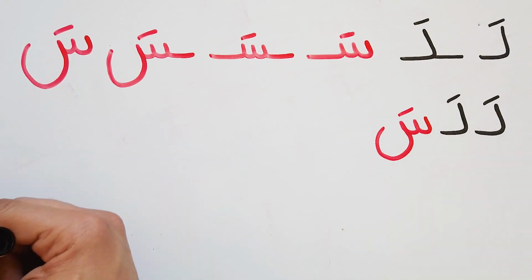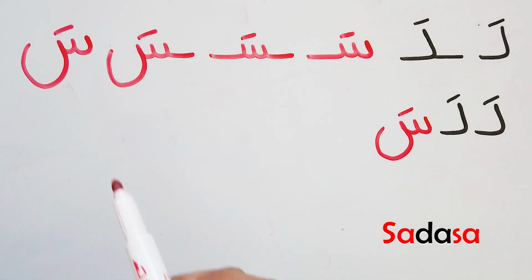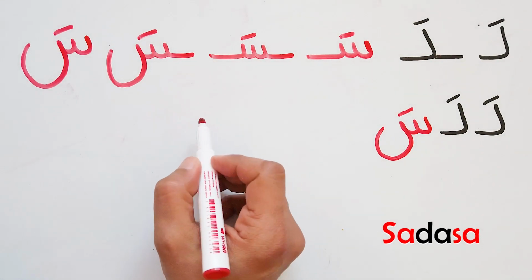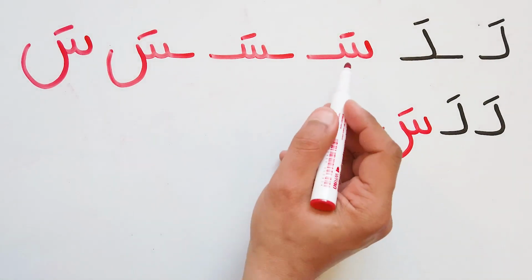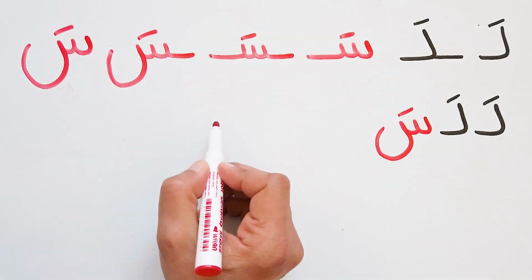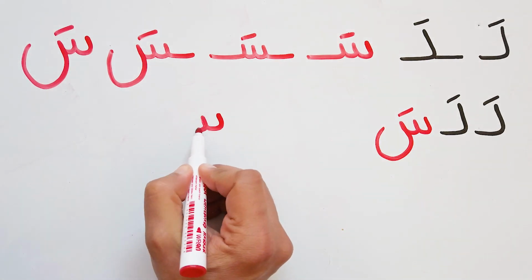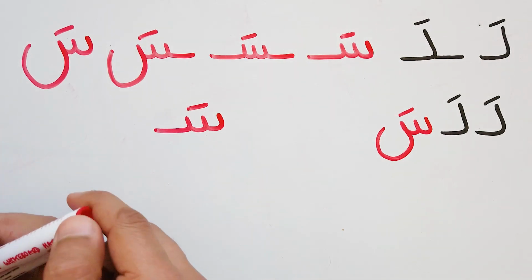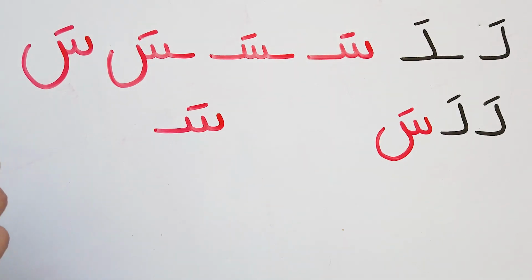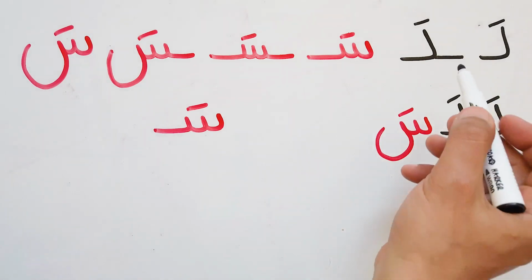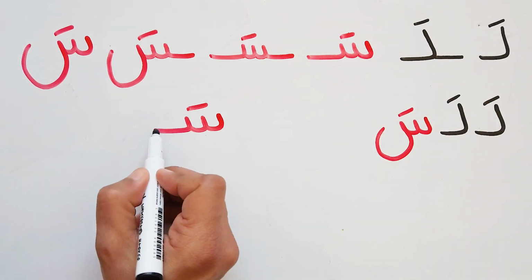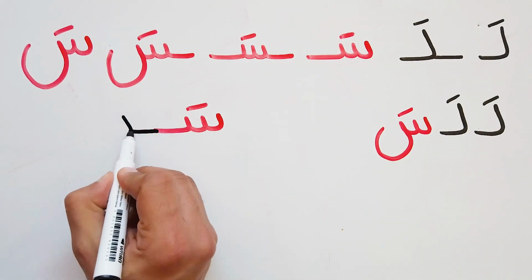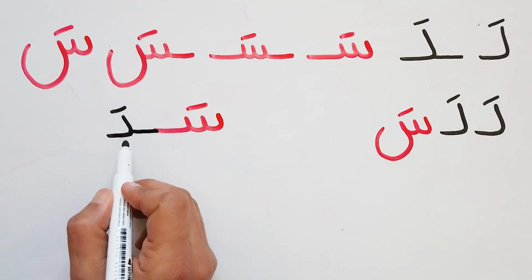Let's write another word. Se, da, se. I will start with se. So, se in the beginning of the word. Se. And then de. Se, de. I will select this one here. Se, de.